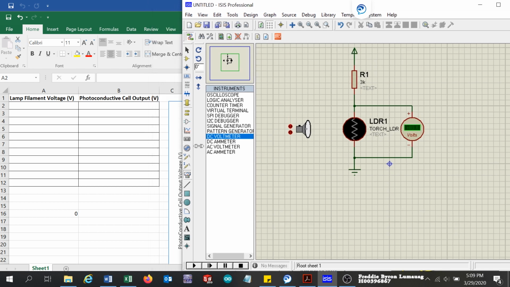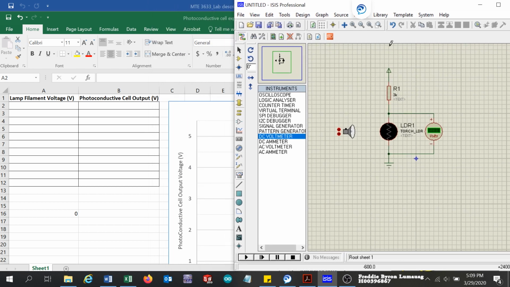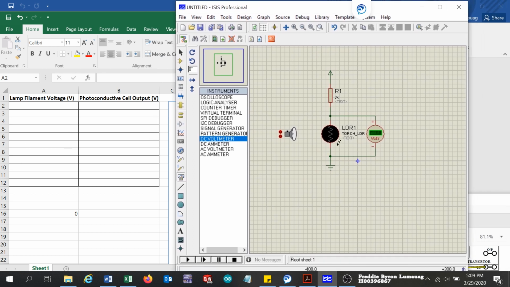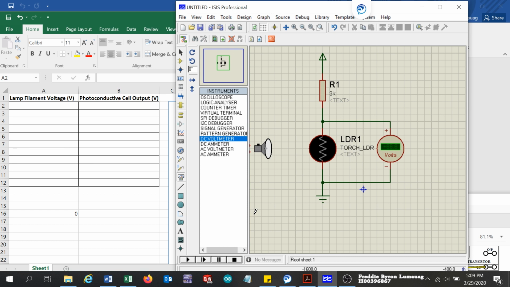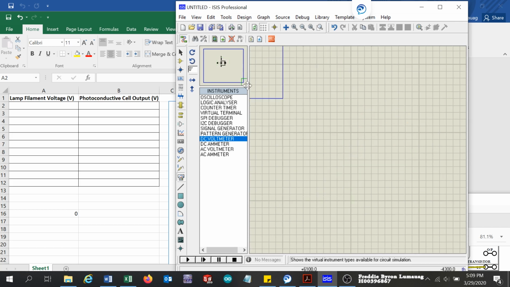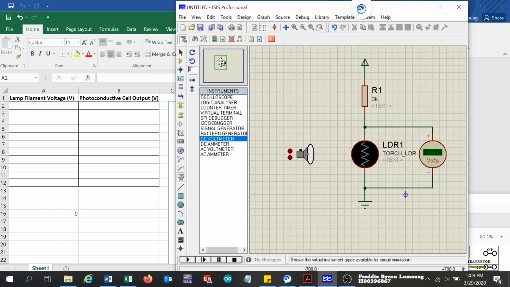Okay, so I will make this smaller so that we can see the value, and we can put the value. So we'll start the simulation. Okay.